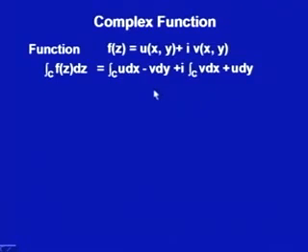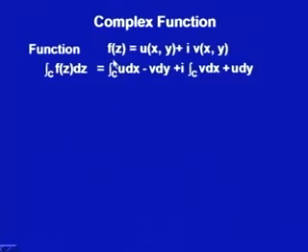We presented our function f(z) as u(x,y) plus i v(x,y), with z equal to x plus iy, and the contour c given in the parametric form. We did this formula in the last lecture. Now in this formula we could apply Green's theorem.